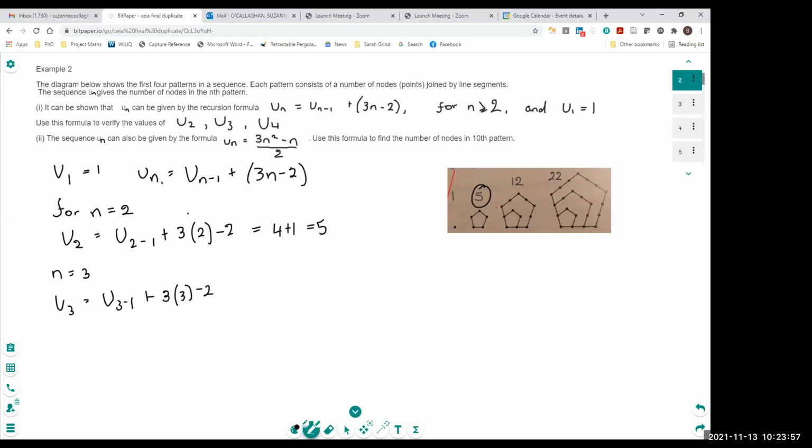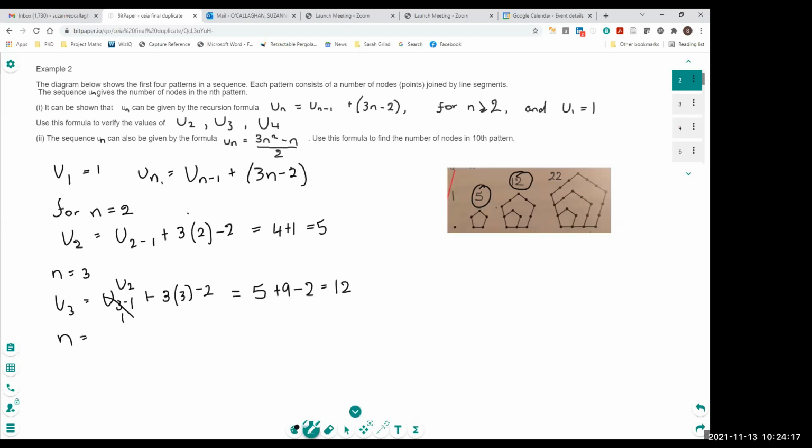So u of 3 minus 1 is u of 2. And we know that u of 2 is 5. That's going to be 5 plus 9 minus 2 is equal to 12. And again, up here, that's what we would have expected to see.